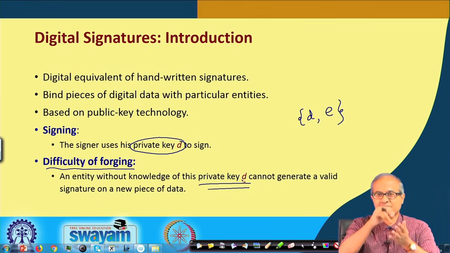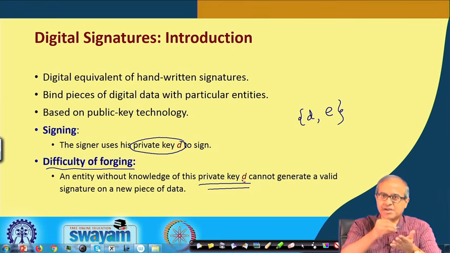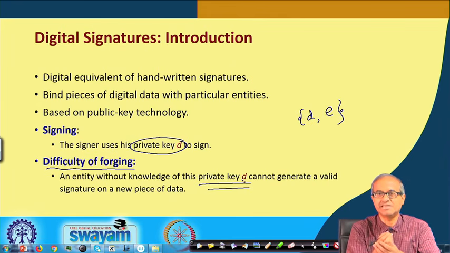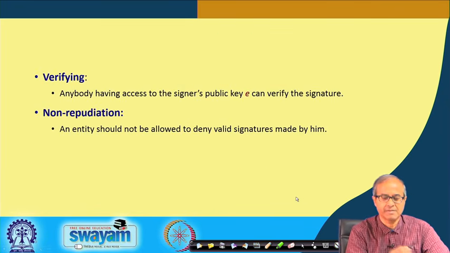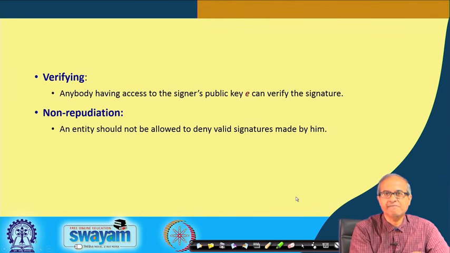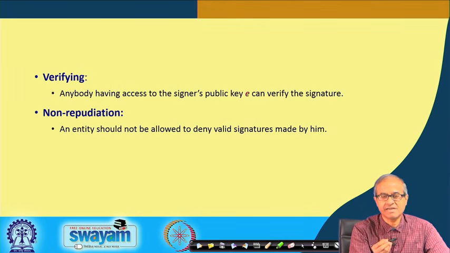You see, even with the pen and paper signature, someone can try to make a signature similar to my signature and forge, but in the digital case it is simply not possible. Okay. For verifying the signature, as I said, the signature was done using the private key of the person who is signing. Verification can be done by using the public key of the person.